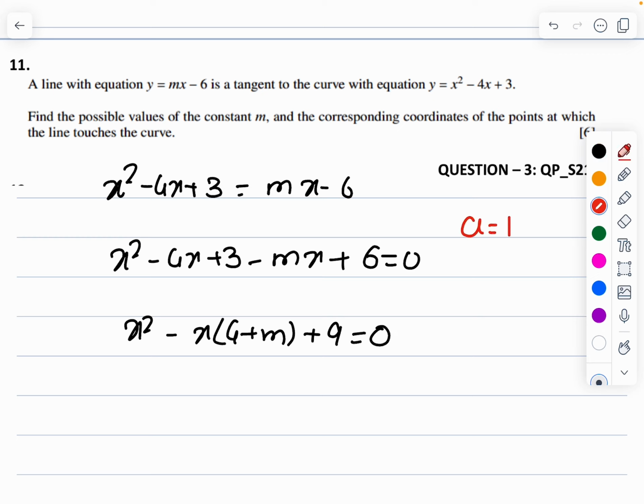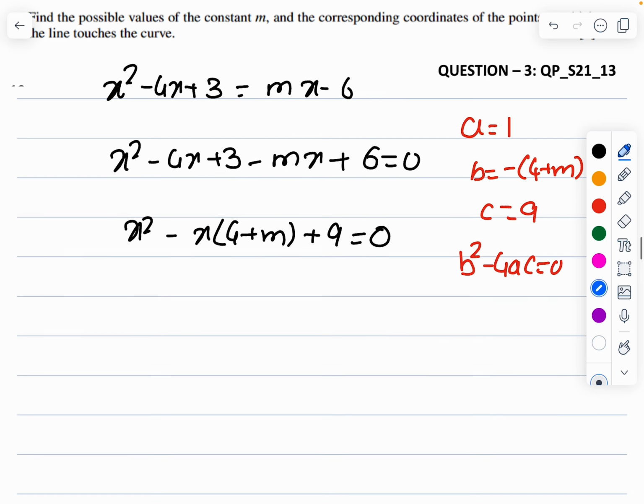A value is 1, B value is minus of 4 plus m, and C value is 9. And it is a tangent, so B square minus 4AC equals 0.